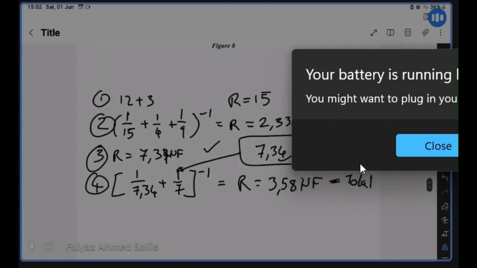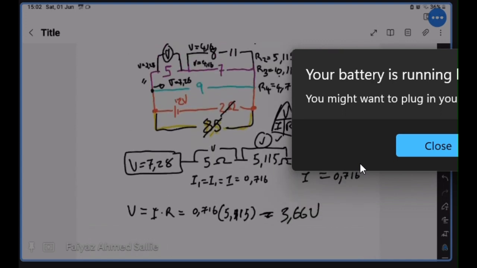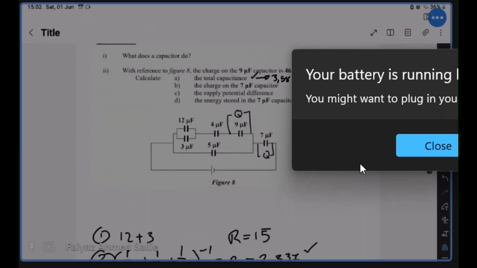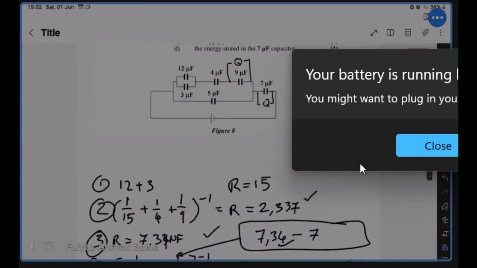So what needs to be done is we need to go and, okay, so we need to know that Q is similar to current, right?